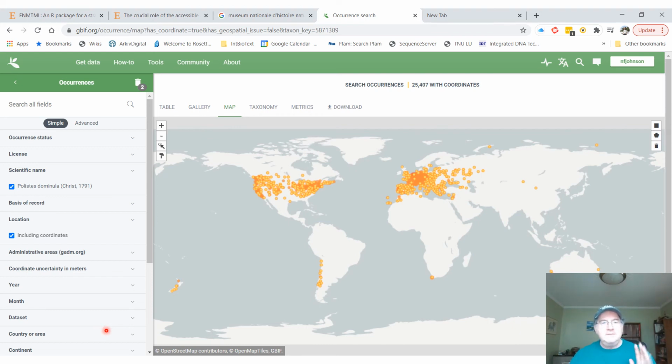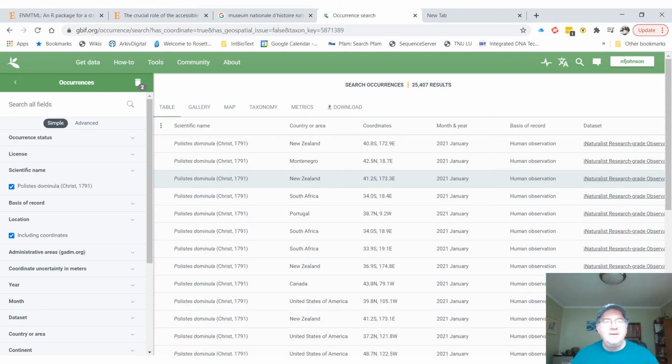Now, this gives a human viewer a visual idea of its distribution. You can also download the data directly. There's a lot of different formats you can get this. This is just a display, but you can download those as CSV files or XML files or whatever you want in order to go in and manipulate them later on.